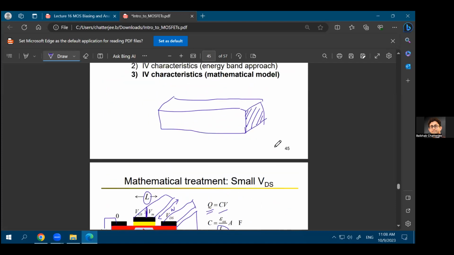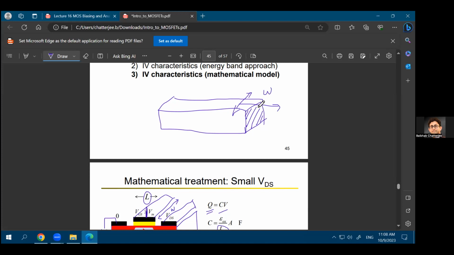But when you talk about current, you talk about the total amount of charge that is moving through this structure, this parallel pipe, and that will be proportional to the width of it, right? So if this is the width of the structure, the total amount of charge that is moving through it will be proportional to the width.